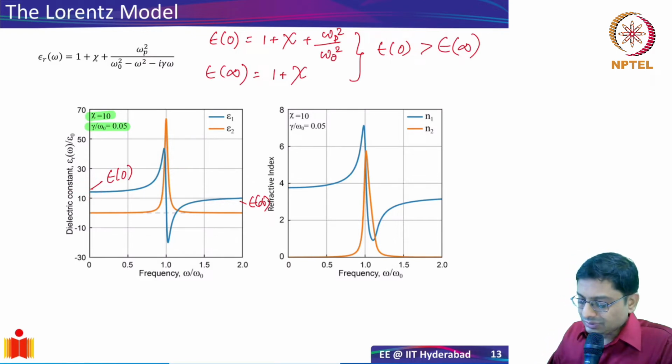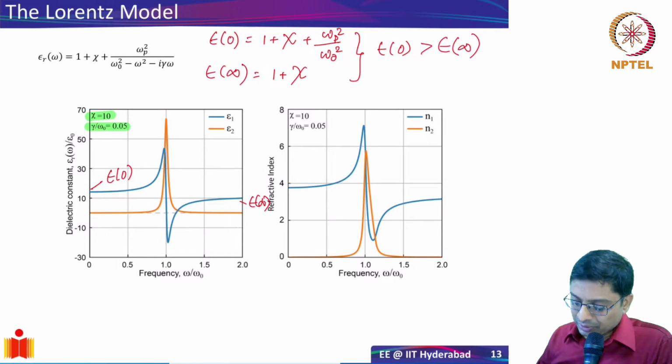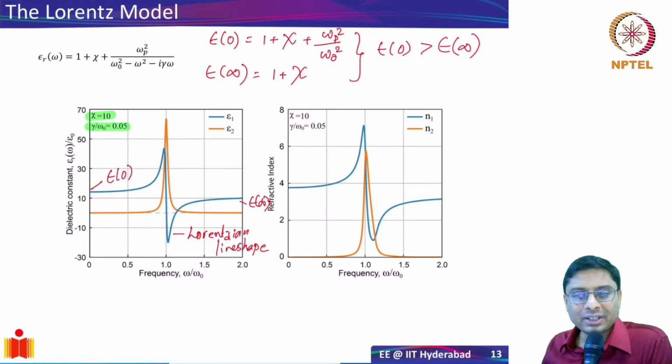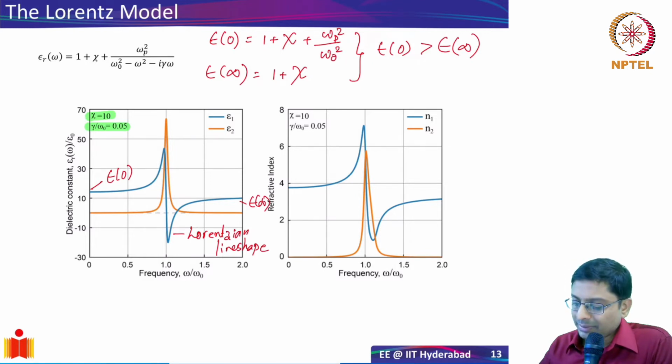This exhibits a very curious dependence on frequency of this form, and this is known as a Lorentzian line shape, because the Lorentz model is coming from that. So the real part behaves this way, and the imaginary part exhibits a peak at the resonant wavelength, where omega is omega naught.